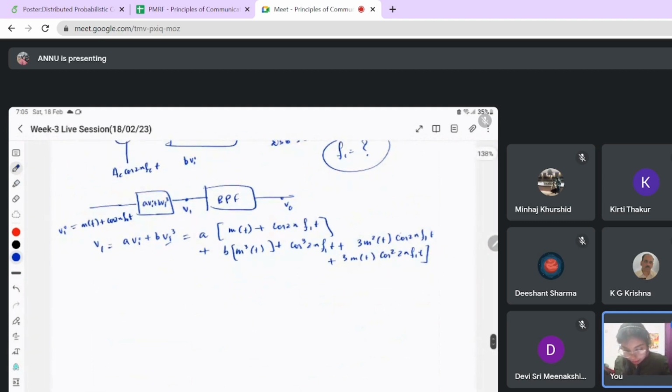So let me know, after the bandpass filter, which terms will be there. Think logically, please. So I will tell.